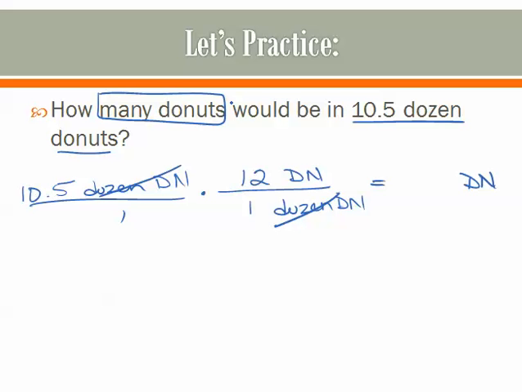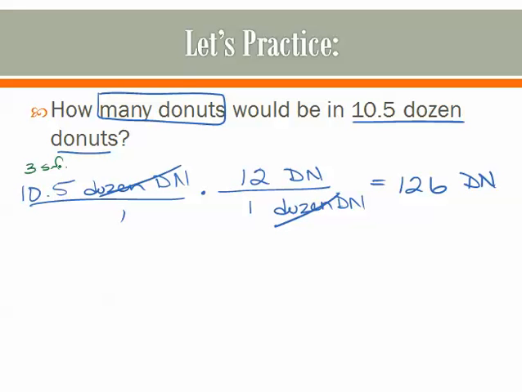So at this point, I can grab my calculator, do my multiplication, and we come up with 126 donuts. Now if we take a moment, we can't forget about significant figures. So going back, 10.5 is a measurement, and so we know this has 3 sig figs associated with it.